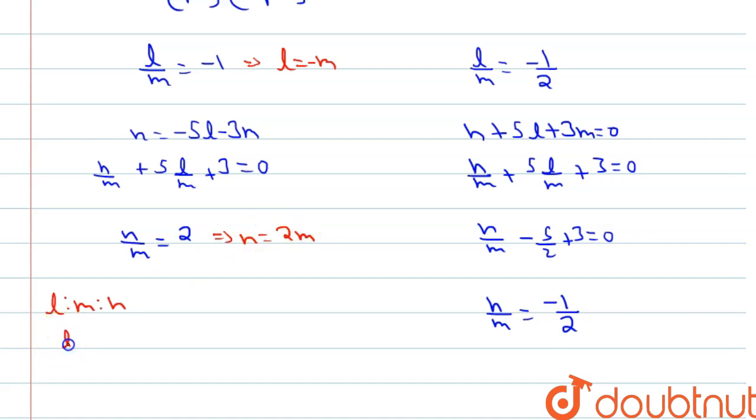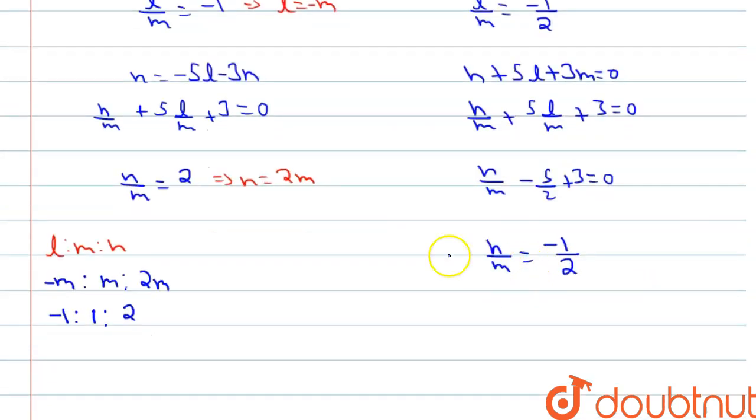So l is equal to, sorry for the mistake, here we can write l is equal to minus of m, ratio n is equal to 2 times m. So the ratio of this becomes minus of 1 ratio 1 comma 2. We got the ratio of l, m and n for this, right?